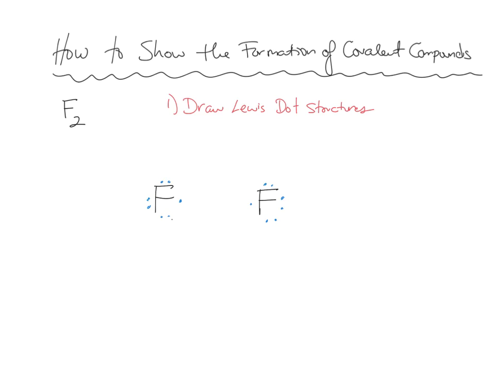So instead of giving an electron to one, because then one would be happy and one would not be happy, we're going to see that these 2 electrons here will be shared amongst both fluorines. So my second step is that I am actually going to circle the electrons that will be shared.